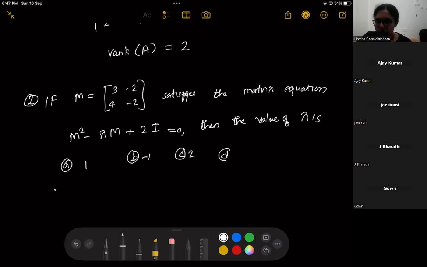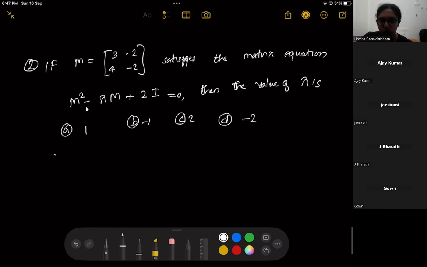So the only thing is we need to find the value of lambda. It is a very basic, trivial question. We need to find M square and minus lambda M plus 2I, equate it to 0 and find the value of lambda.